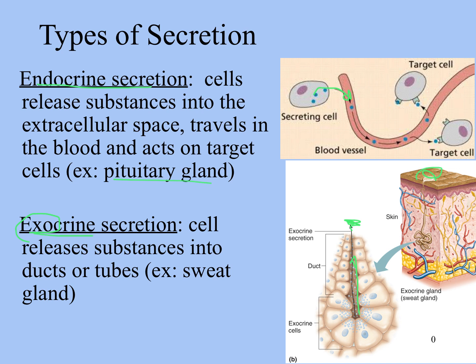So here you'd see a sweat gland and the secretion is leaving the body through the surface of the skin. Or if you're talking about pancreatic secretions or digestive secretions, they exit the body through the intestines with your excrement.